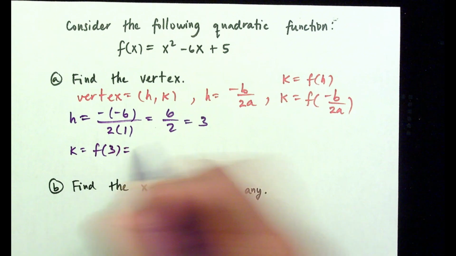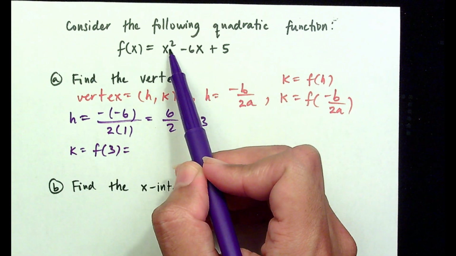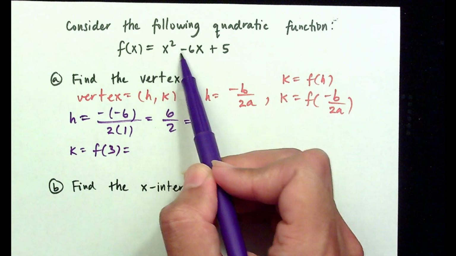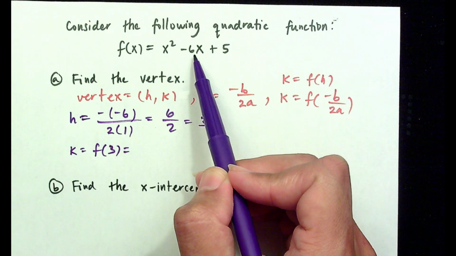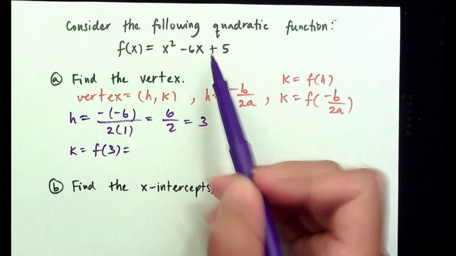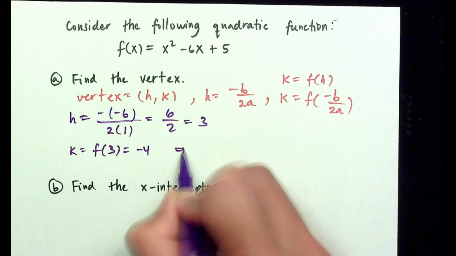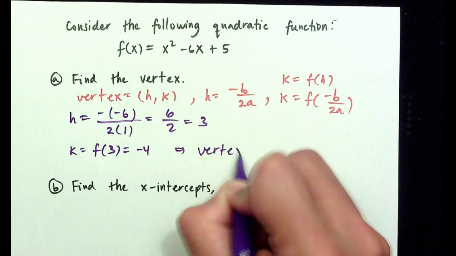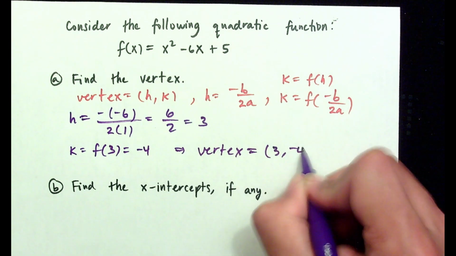So f of 3. 3 squared is 9. 6 times 3 is 18. So 9 minus 18 is negative 9, and negative 9 plus 5 is negative 4. So k is negative 4, which means that the vertex is (3, negative 4).